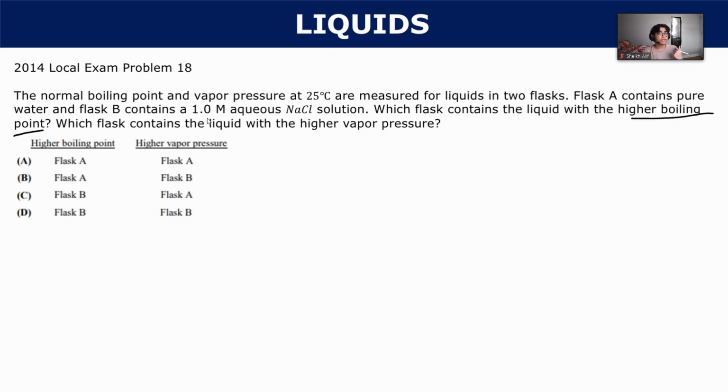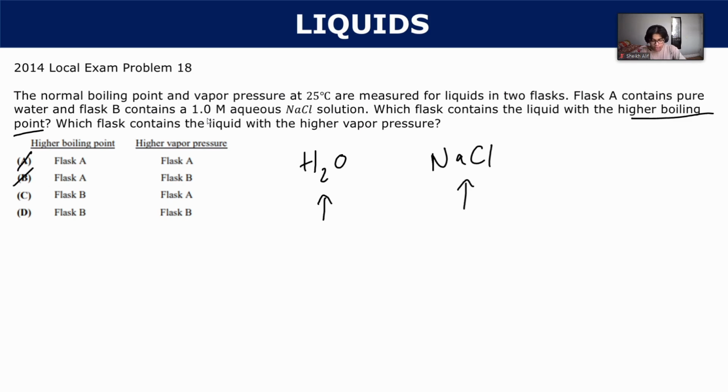Remember, boiling point is going to be based on intermolecular forces. So we're basically asking ourselves, what's going to have more intermolecular forces, H2O or NaCl? And although water is going to have some hydrogen bonding, it's not going to really compare with the ionic bonding that's present in salt. So flask B is going to have the higher boiling point, meaning we can cross out A and B.